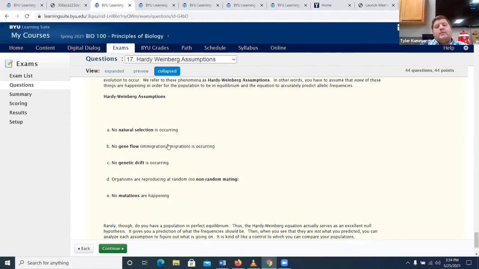So we focused primarily on natural selection, okay? And that's the first one listed here, and it is that there's no natural selection occurring. All of those things that can cause a population to shift, all the interactions with environments and other species that could cause natural selection, we're assuming that none of those things are happening.